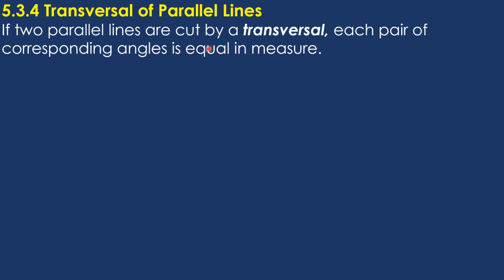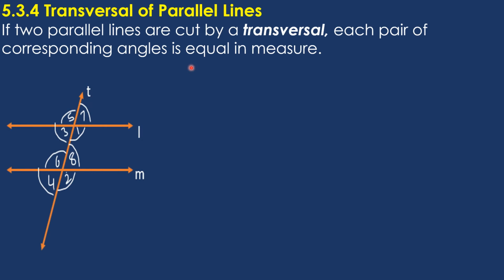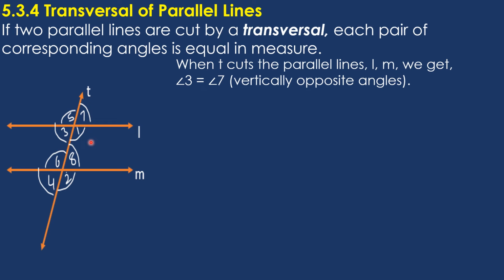The next one is transversal of parallel lines. If two parallel lines are cut by a transversal, each pair of corresponding angles is equal in measure. So here we have two parallel lines L and M. When T cuts the parallel lines L and M, we get angle 3 equal to angle 7 because they are vertically opposite angles.